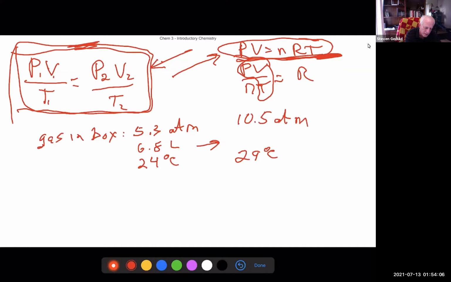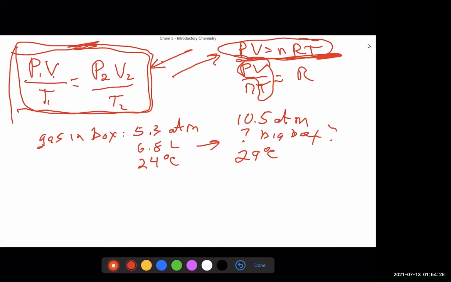You want to know what size this box is going to expand to. The box is made out of plastic or rubber, and it can expand. So you want to know how big the box has expanded under those conditions. How big is the box now? Does that make sense? Yes. Okay, so that's just the wording of it.